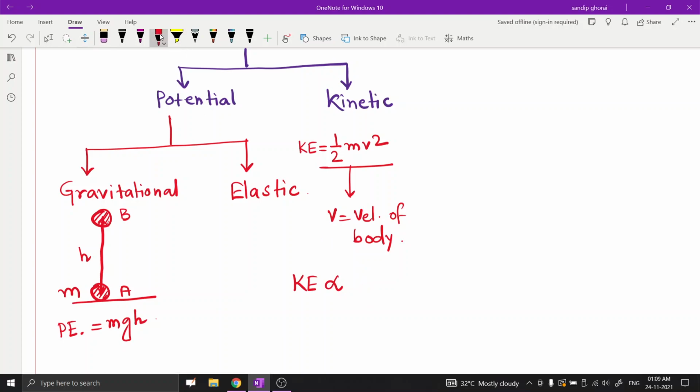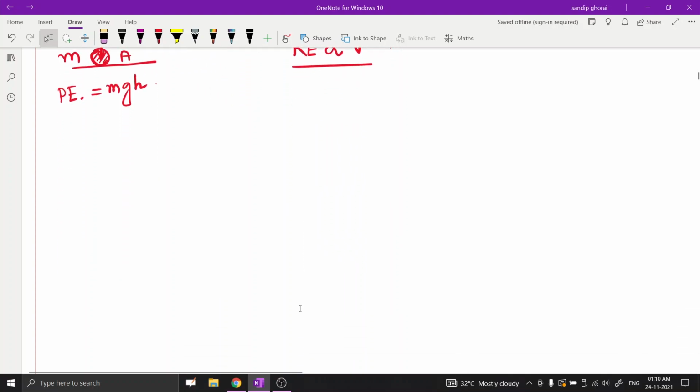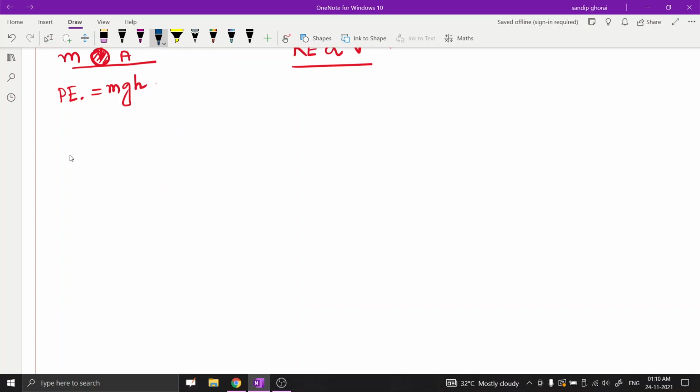Okay, now we have to move on to the law of conservation of energy. So already we know what conservation of energy is.